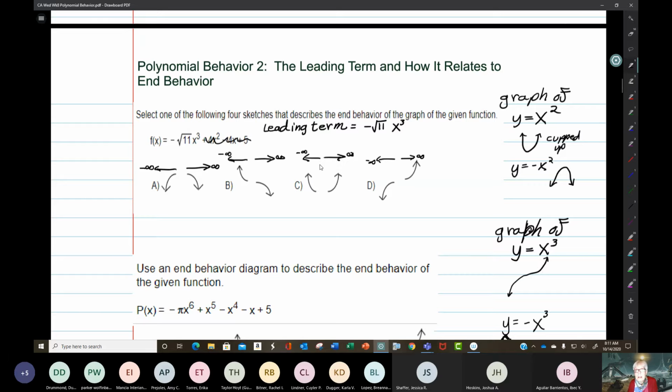And in fact, the parts of the leading term that control all of the end behavior is whether the leading term is positive or negative, and is the degree even or odd. That's all you have to look at.